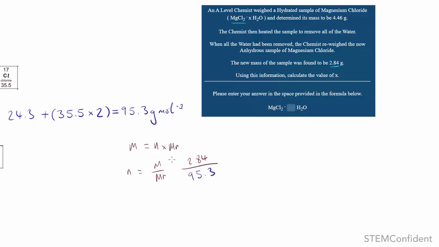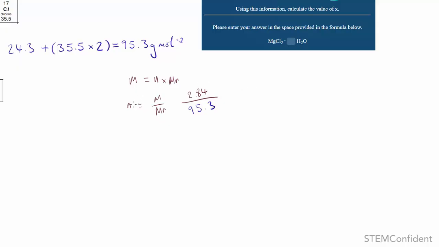So that's going to be 95.3. And so if you have a go at working this out, this is going to tell you the number of moles for the MgCl₂, right? So the number of moles of the MgCl₂ is going to be equal to that, and that's going to give us 0.029801, right?